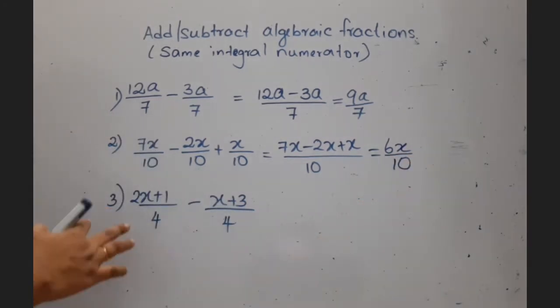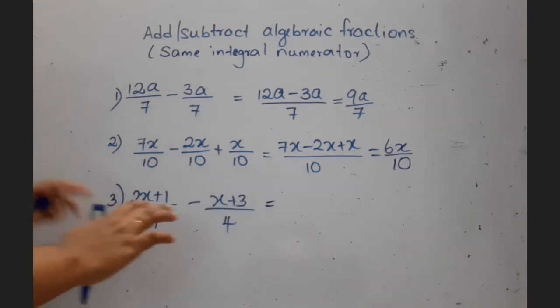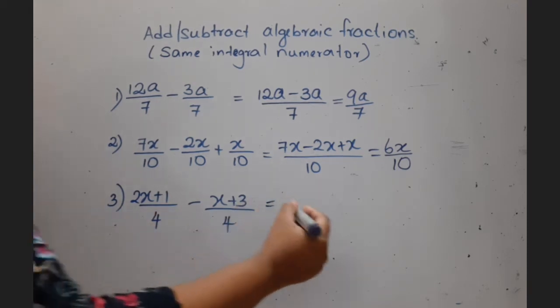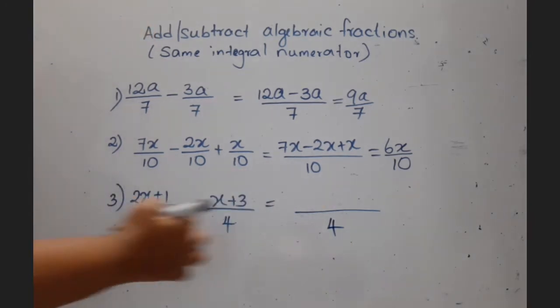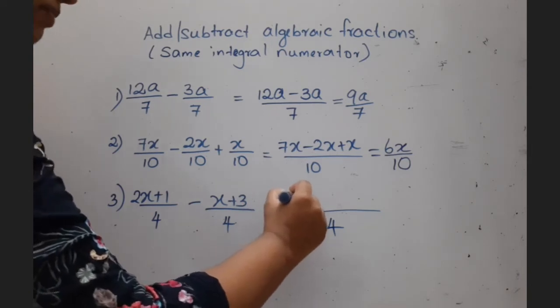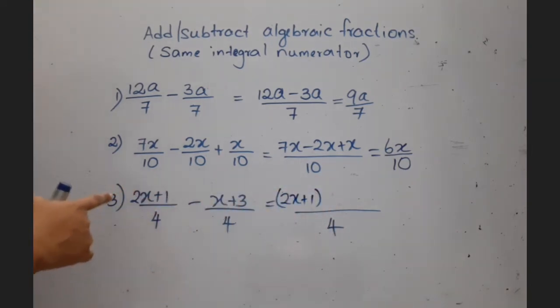The third example: here you should be aware of something, I'll explain what. Since both the denominators are the same, the denominator below will be 4. And here you have to subtract x plus 3 from 2x plus 1.